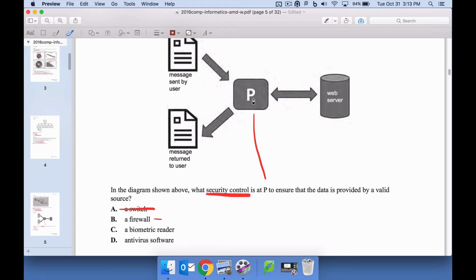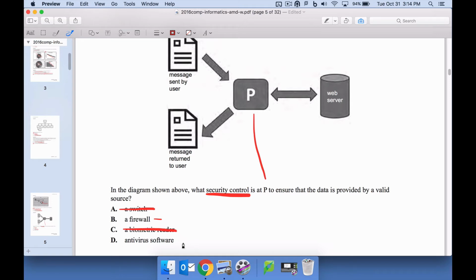When you send a message and that message is transferring over the packets, over the Ethernet cable, over optical fiber, whatever, is there a device in between you and the web server where someone has to thumbprint or have a retina scan or some sort of biometric reader? No. So that's definitely not the answer.